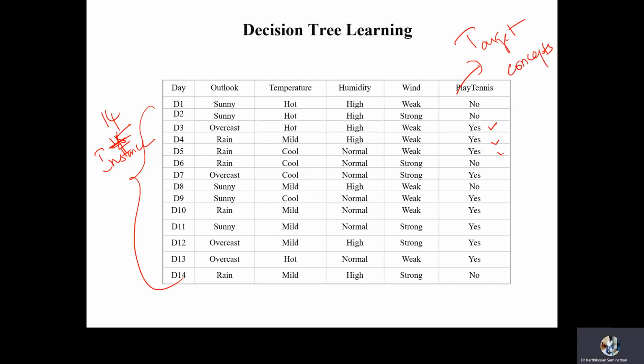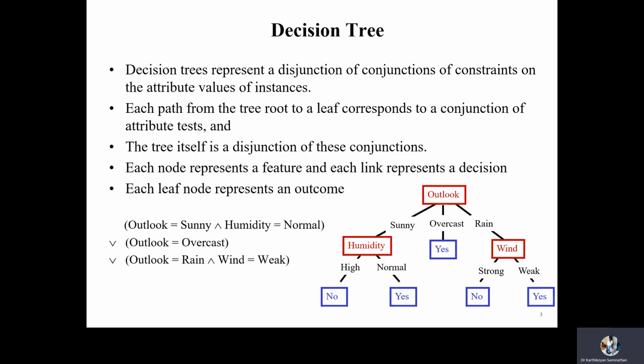Yes, yes, yes, 3, 6, 9 yes, then 5 no. So totally 14 target function values are given. Now this decision tree can be represented with the disjunction of conjunctions of constraints.